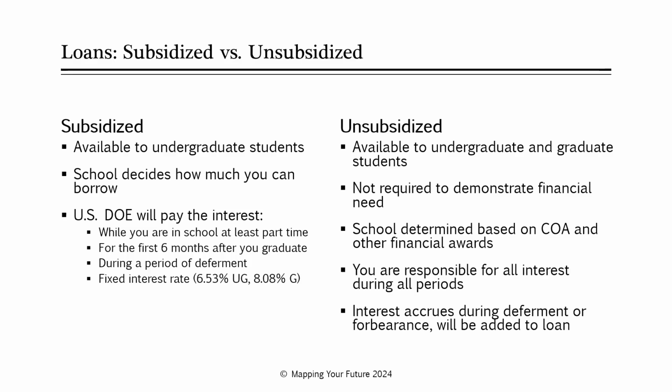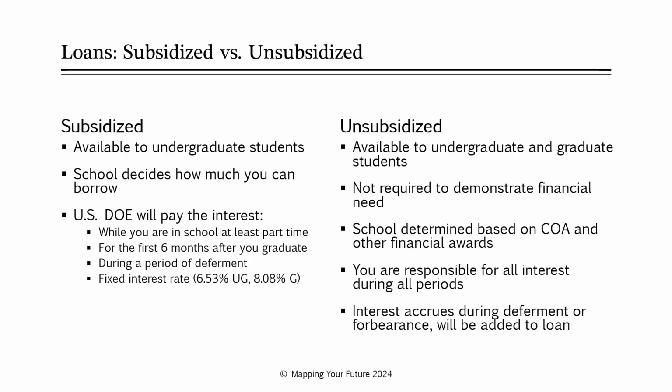Now, on the other hand, unsubsidized loans, which I do not recommend you take unless you absolutely have to, are available to pretty well all kinds of students, whether undergraduate or graduate. You are not required to demonstrate financial need to receive an unsubsidized loan offer, and the school will determine the amount based on your cost of education or cost of attendance, and other financial awards.